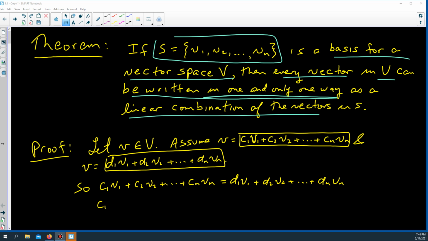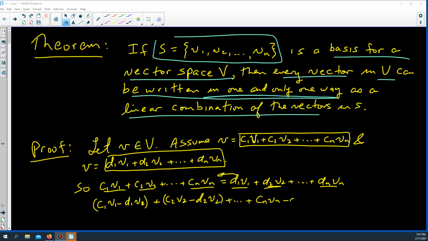Well, that means that c1 v1 minus d1 v1, that is this minus that because I brought it to the other side, plus c2 v2 minus d2 v2 all the way down to cn vn minus dn vn is equal to 0.